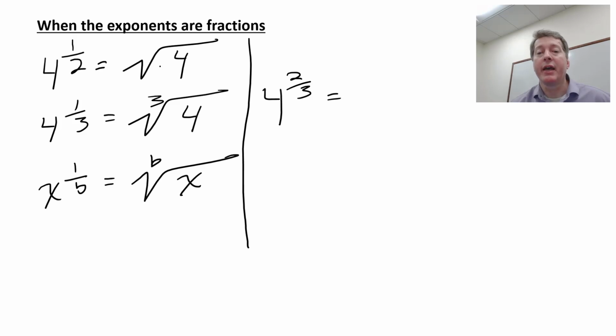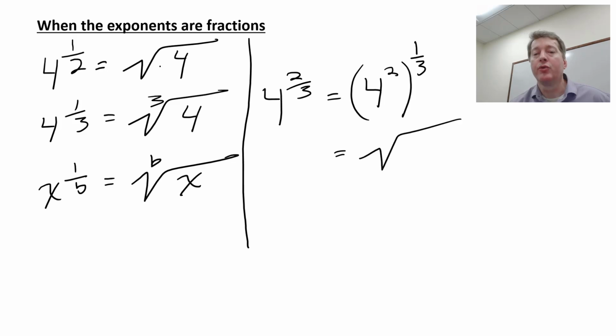I could write that as 4 squared to the 1/3. That is the same thing as the cube root of 4 squared. So as a general rule, x to the a over b is the b root of x to the a.